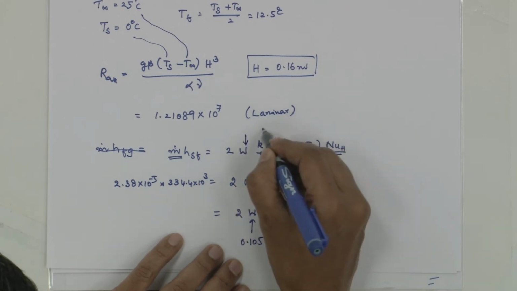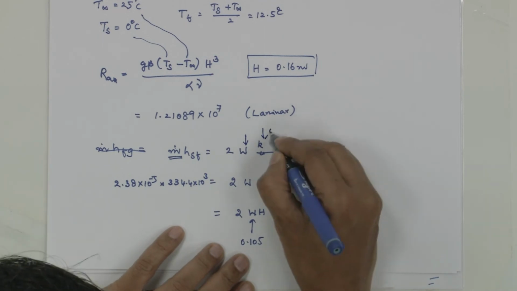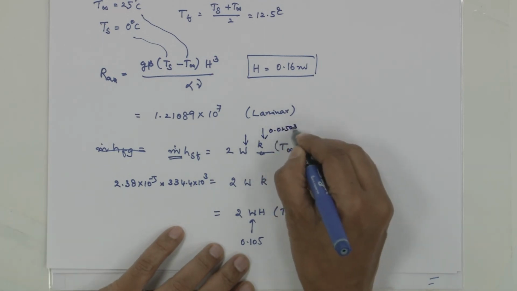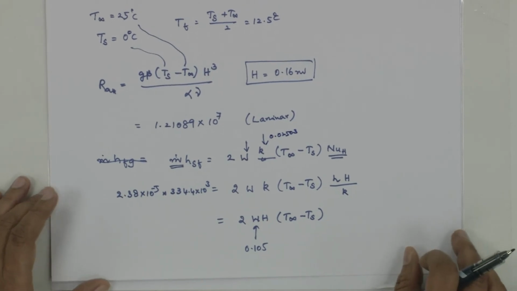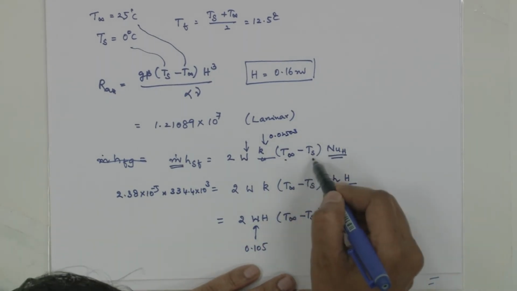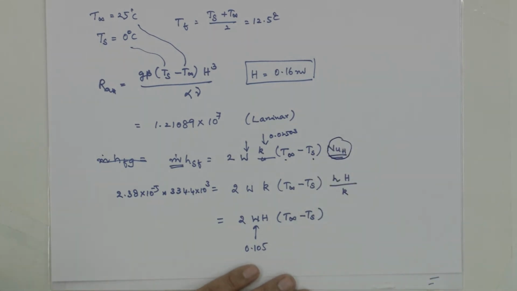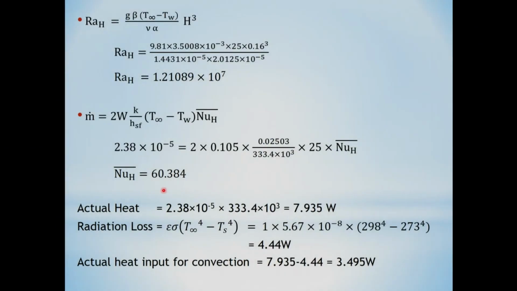Thermal conductivity, sorry, it is for the air, is 0.02503, into T infinity minus Ts, which is 25, and I can calculate the Nusselt number. If you just see here, you get the Nusselt number as 60.384.